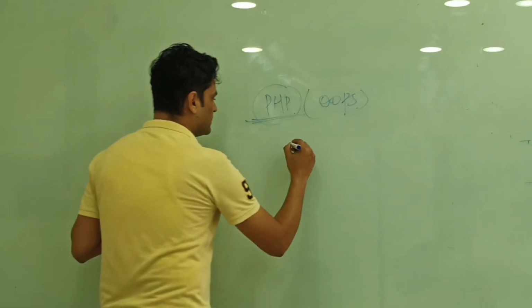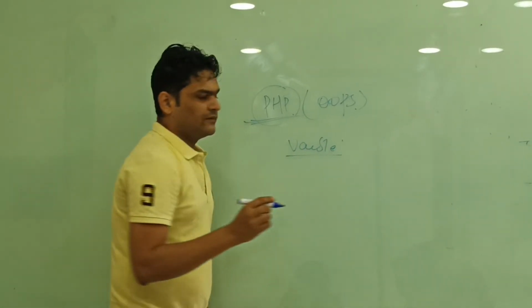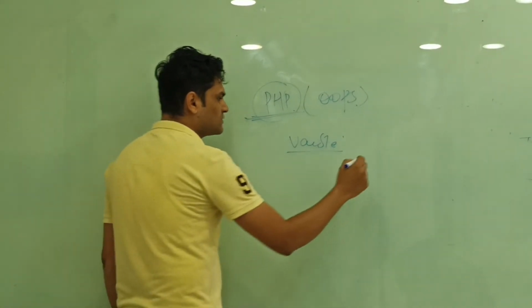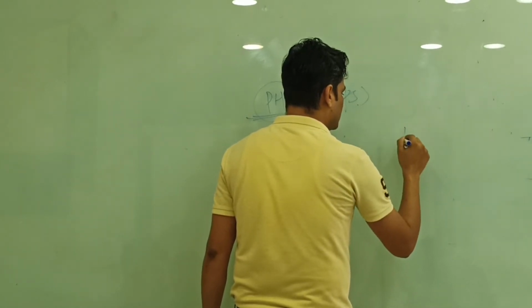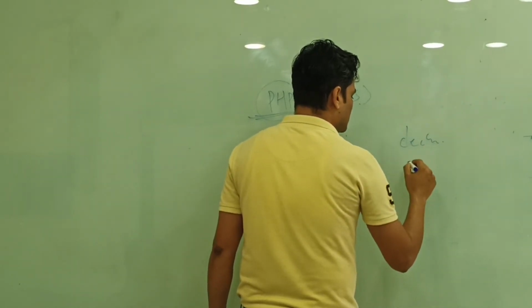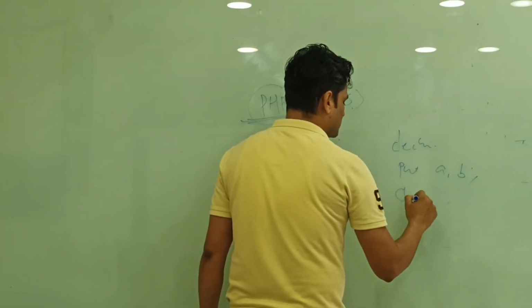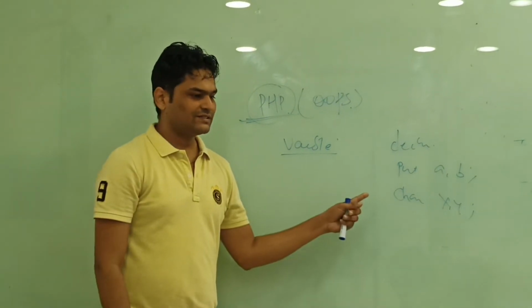If you talk about variables in C++ and Java, at that time we need to initialize those values, right? If we are going to declare int a and b, char x and y, what is the meaning of this?